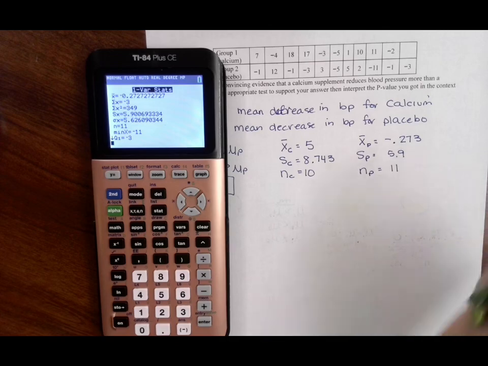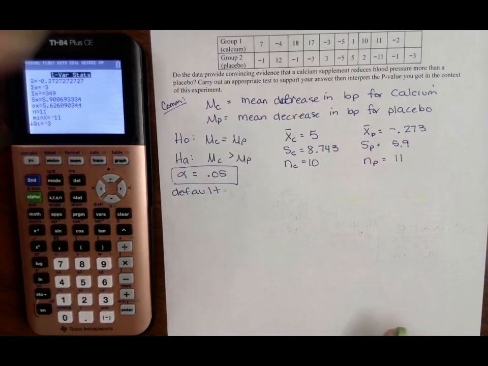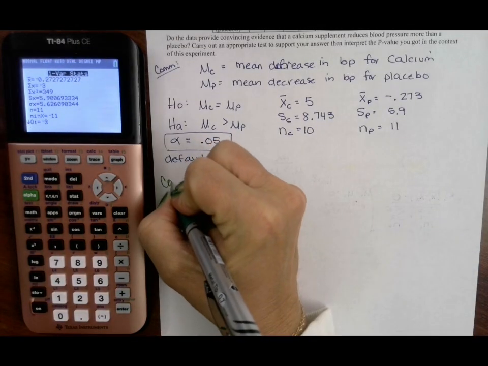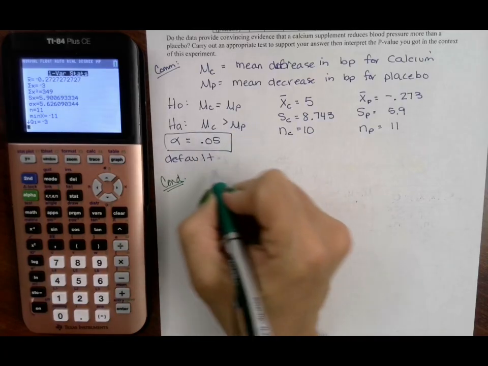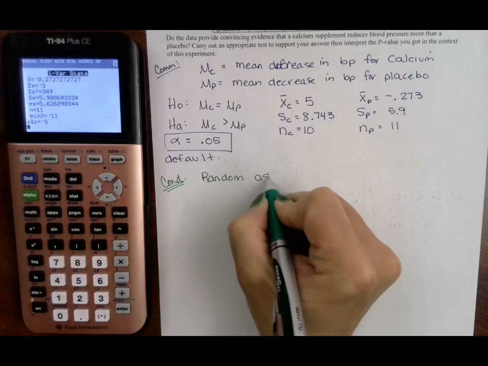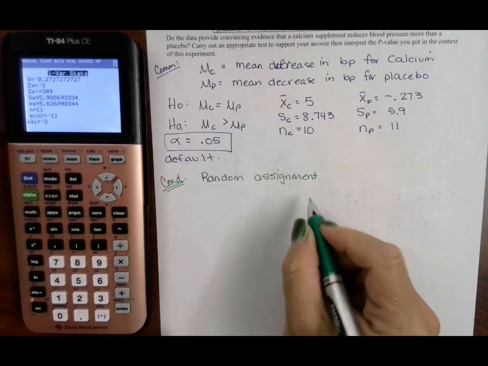Okay, so here's what I know. And so now I'm going to go in and look at my conditions. So first thing that I have here is that this is random assignment. And don't put SRS because it's not.